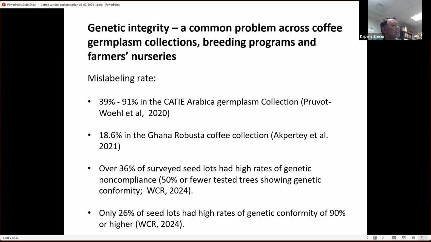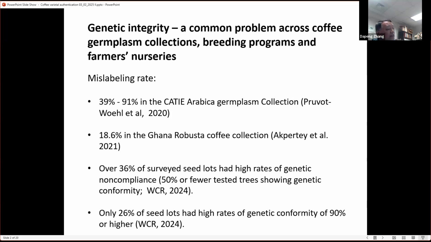18.6% in the example we show in the Gala Robusta collection. And based on WCR's report, in the seed lots from Central America, we have about 36% of the seed lots that have a high rate of mislabeling, which means they have a mislabeling rate of more than 50%. And the ones that have good genetic conformity are only 26% of the seed lots in Central America.